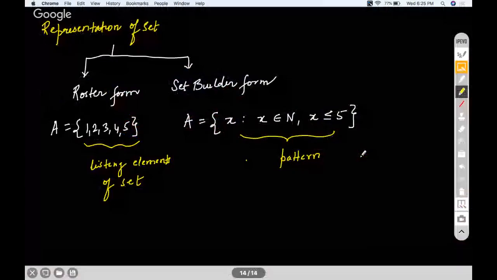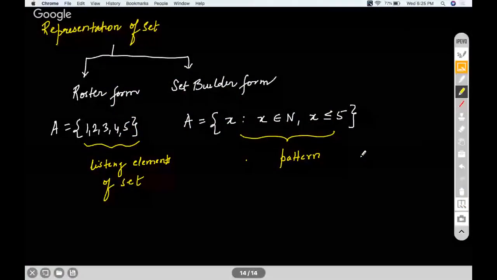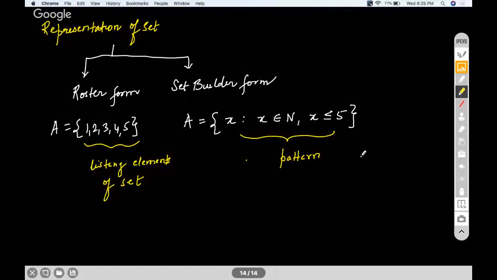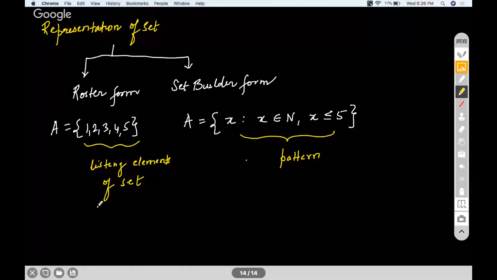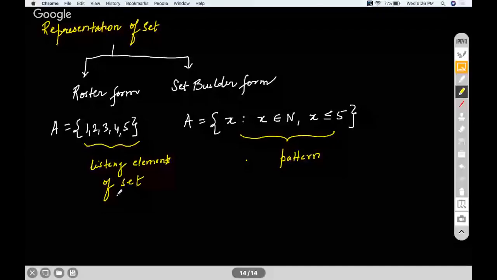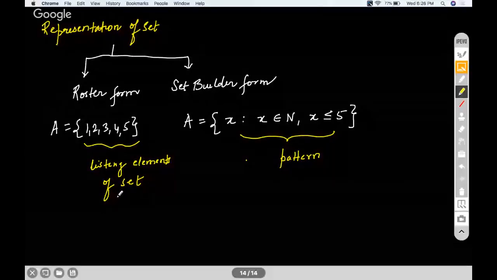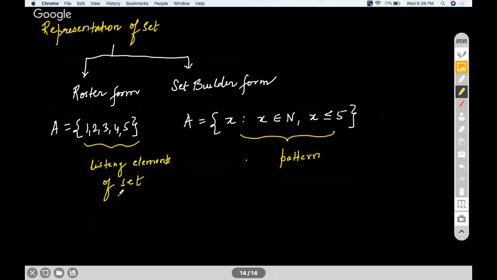Is it now visible? Can you see the screen, everyone? Hello, am I audible? Okay, fine.